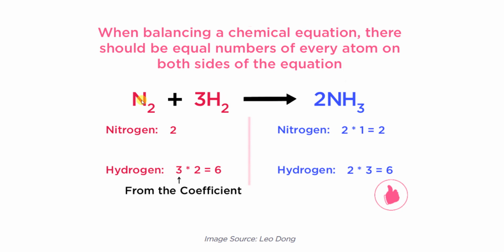Now we have to find out the coefficient of N2, the coefficient of 3 H2, and the coefficient of NH3. That is actually the task in the C program. You have to find out the value of the coefficient of this and this and this.